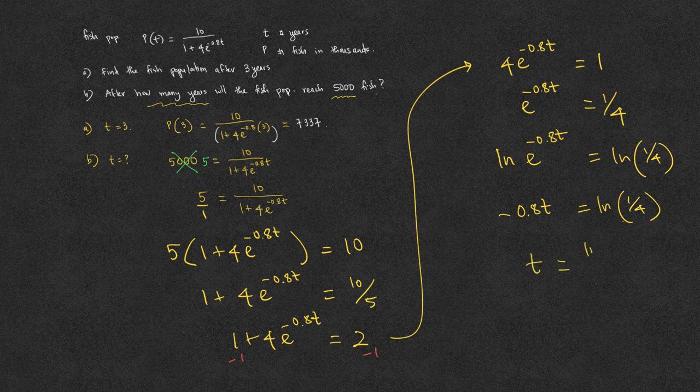T is ln of 1 over 4 over negative 0.8. We can now use a calculator to approximate that. T is roughly 1.733, and this is the number of years. It would take almost 2 years for the population of fish in the lake to reach 5,000.